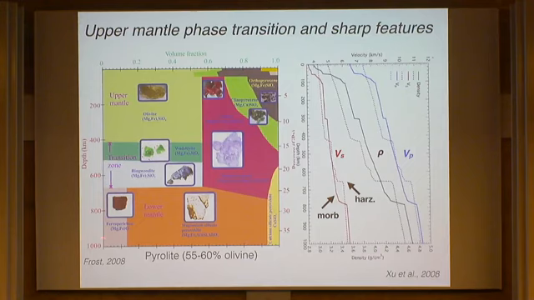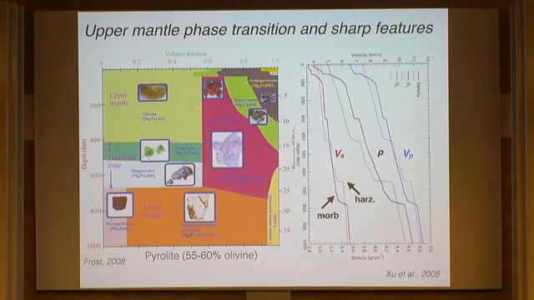The upper mantle is constituted of olivine as well as other secondary minerals, typically about 55 to 60% olivine in the context of pyrolite. As pressure and temperature increase, there is a change of mineral phases from olivine to their high pressure phases such as wadsleyite and ringwoodite, and lower mantle phases after you cross 670 kilometers. The transition not only happens in the olivine system, but also in the garnet system.